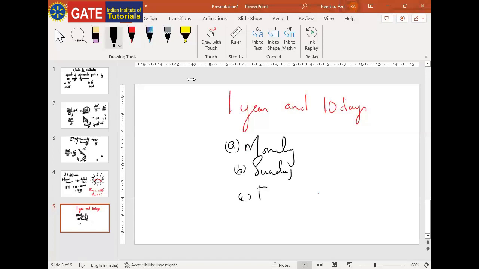Option C is Friday. And option D is cannot be determined. Or should I again repeat the question? I'm repeating the question once again. If today is Wednesday, what day will it be 1 year and 10 days from today?